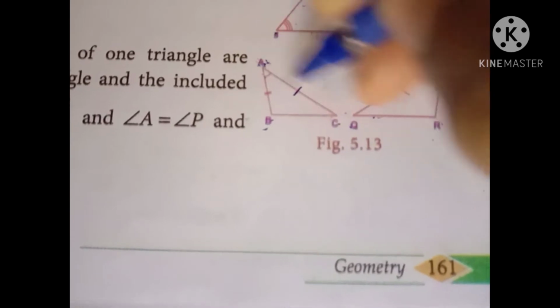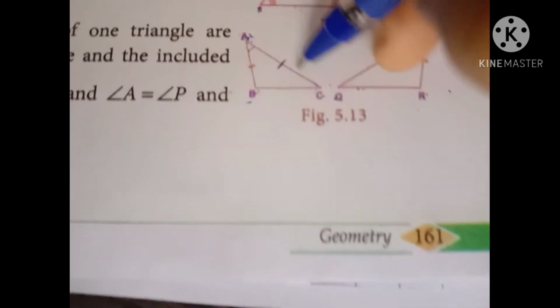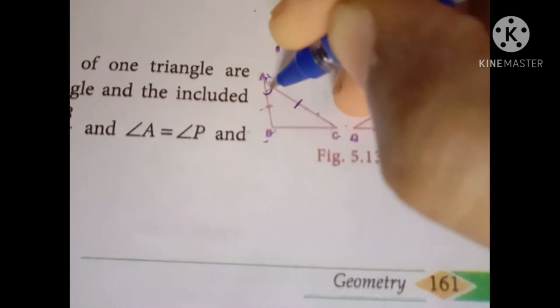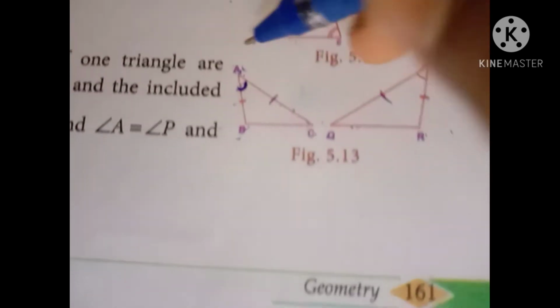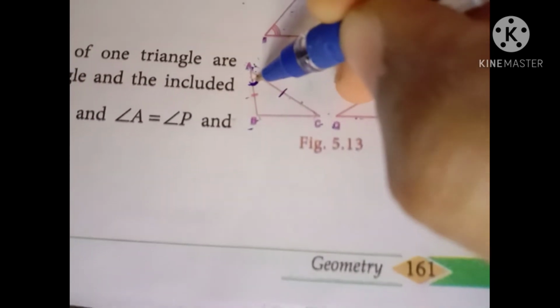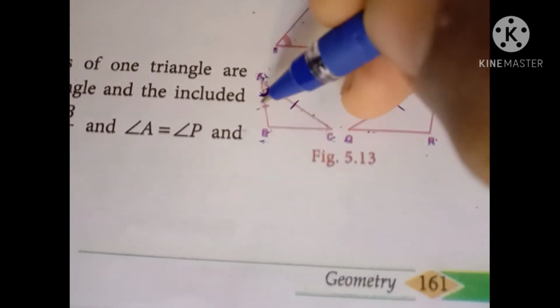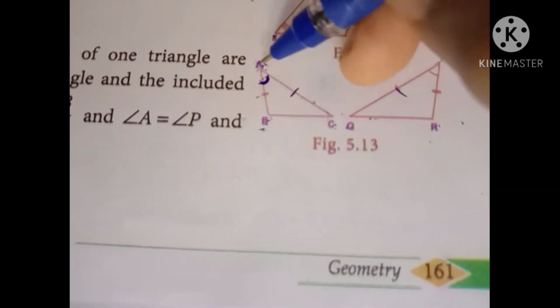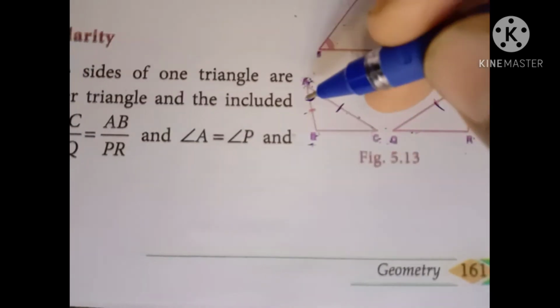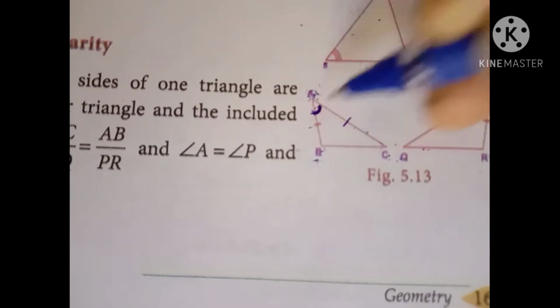And the included angle, that is the angle between the two sides, should be equal. The included angle of sides AB and AC in triangle ABC is angle A, and the included angle of sides PR and PQ is angle P.